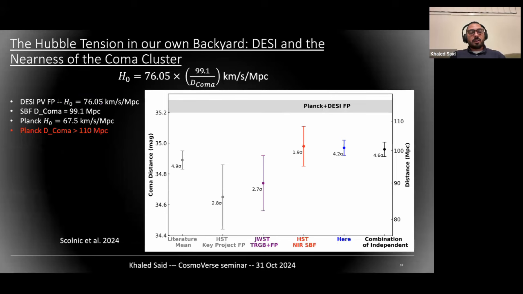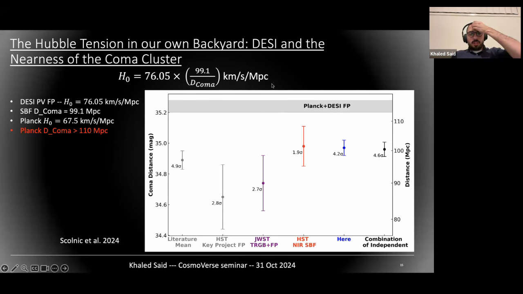Okay, after we put this paper on arXiv, Dan Scolnic and Adam Riess published this very nice paper, which is basically saying DESI moved our Hubble tension to our own backyard. I love this paper because it has a very simple idea and it makes it all clear.